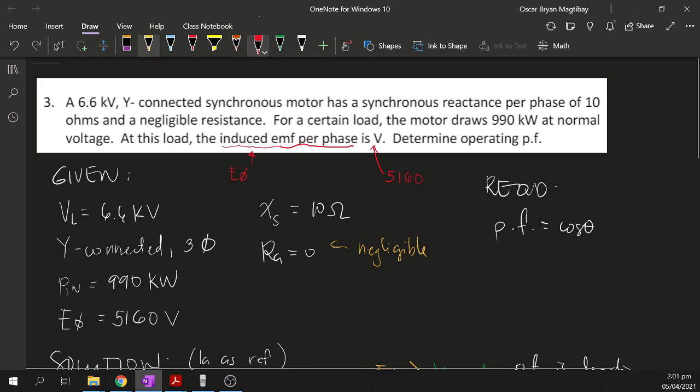Ano? So, lagyan natin. We call it as the back or counter EMF. So we have our synchronous reactance of 10 ohms. Now, the armature resistance is equal to 0. Bakit? Sinabi sa problem, negligible daw ang resistance natin. Ngayon, anong required sa atin? The required is the power factor, which is equal to cosine theta.